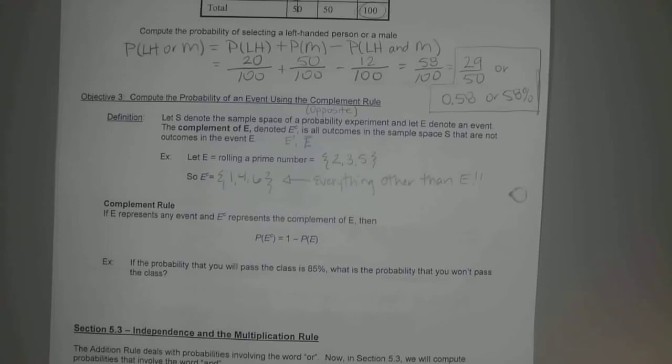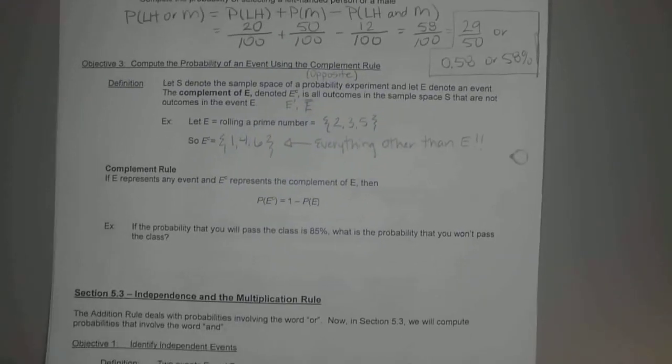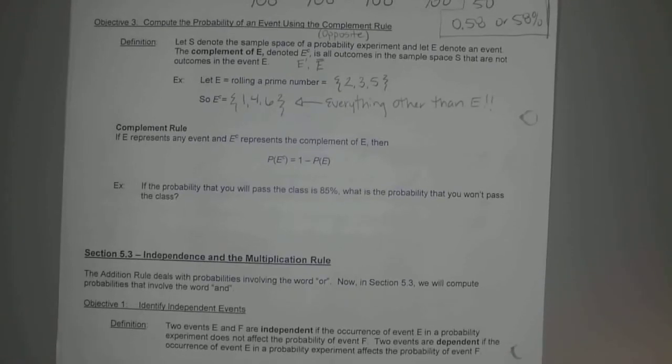You're like, okay, big whoop, who cares? Well, it's important because a lot of times we might not know the probability of E, but we know the probability of E complement. And it's easy to go hand in hand, okay? So what do we know about a sample space? It must total 1, or 100%. And if they are built into each other like this, if one's 40%, one's 50% or 60%, they're going to equal up to that 1 or 100%.